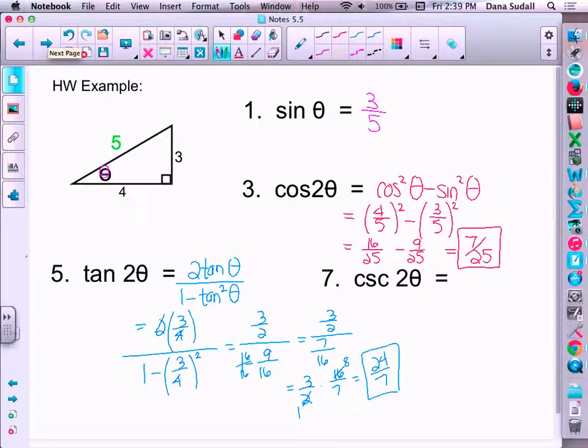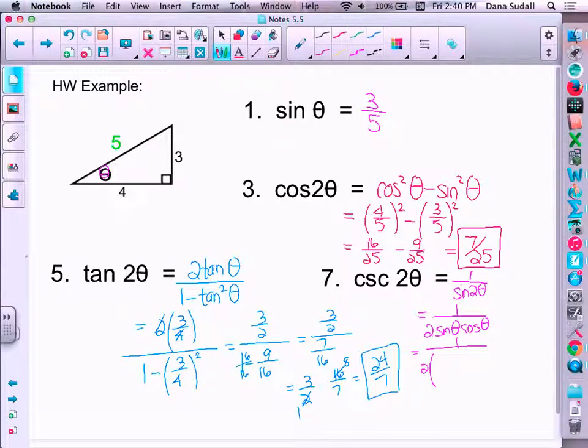And then finally, cosecant of 2 theta. If I had to find sine, I would just take the reciprocal. I didn't find sine for this one. So cosecant's 1 over sine 2 theta. And sine 2 theta is 2 times sine theta cosine theta. So I'll just simplify this fraction.